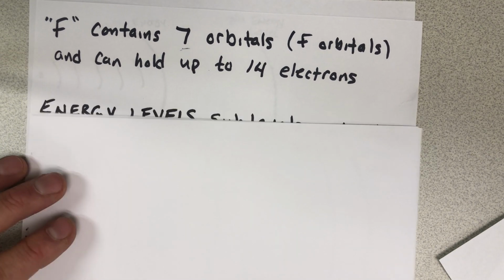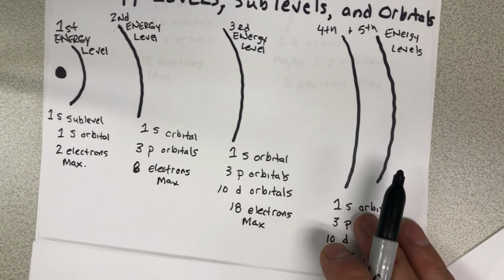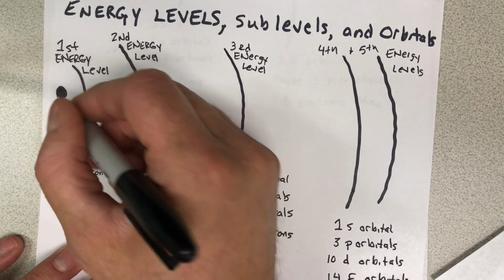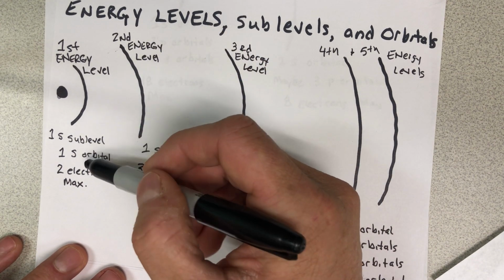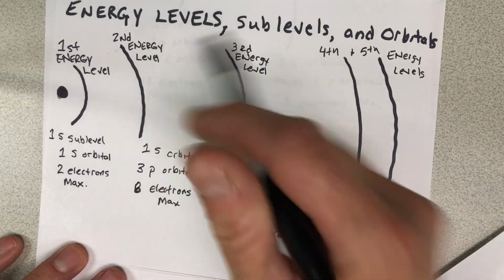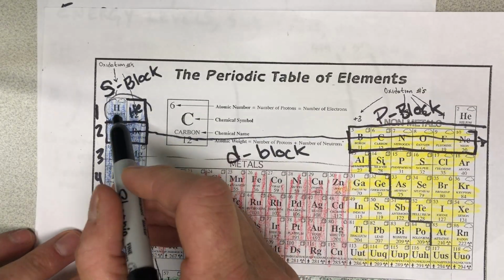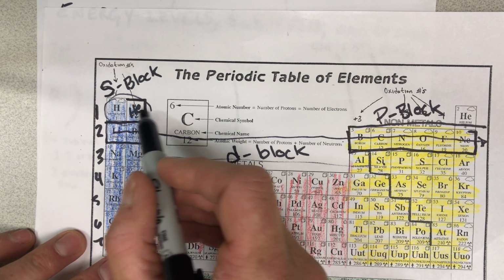So let's look at the Bohr model in a different way here. This is part of a Bohr model, and let's imagine that this dot over here is your nucleus. In our first energy level, we have just one S sublevel, and that goes back to the periodic table, knowing that the only thing in the first level is the first S sublevel.